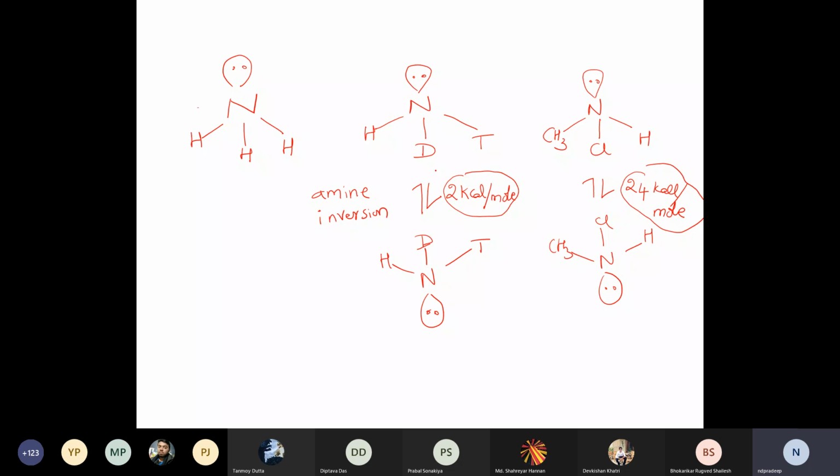That means the ring flipping or the amine inversion, whatever the term, happens very fast here, so that I am not able to separate these two enantiomers. In this case, it is happening slow. That's why I was able to separate the enantiomers.